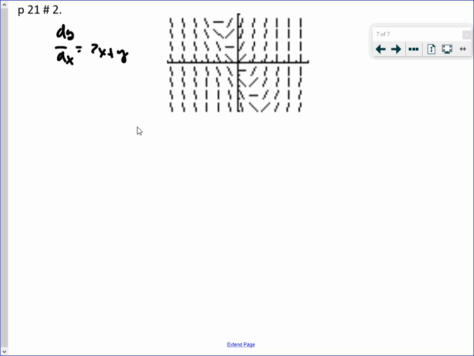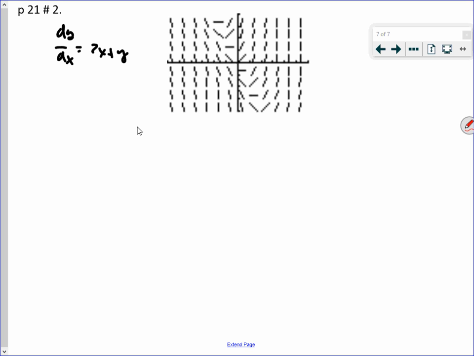And actually I've got the same thing from negative 6 to 6 on the x and negative 4 to 4 on the y. And they want to sketch the solution curve that passes through (0, -2).